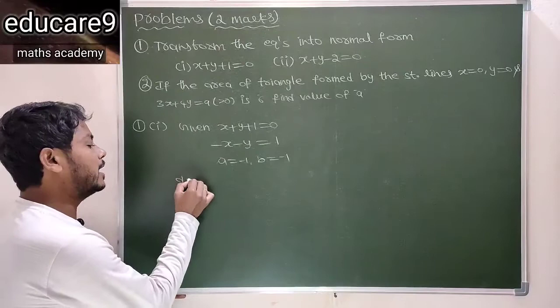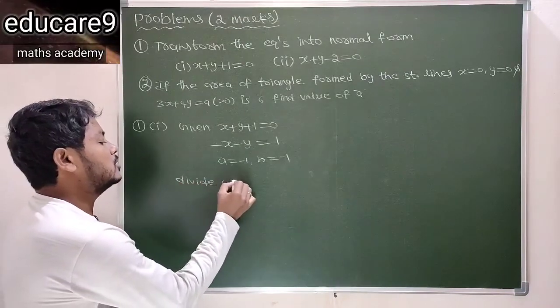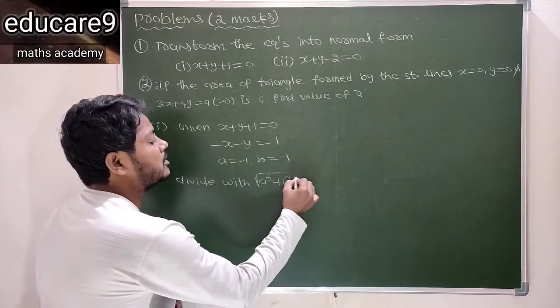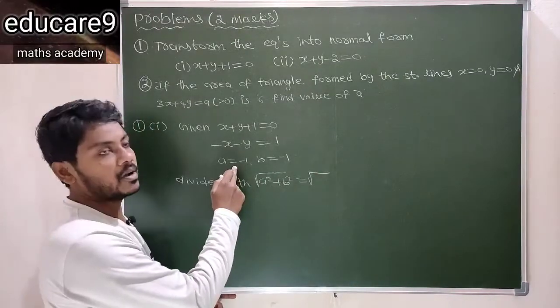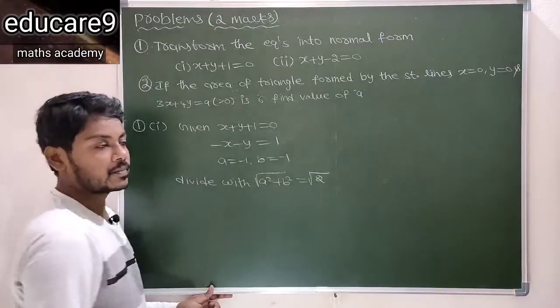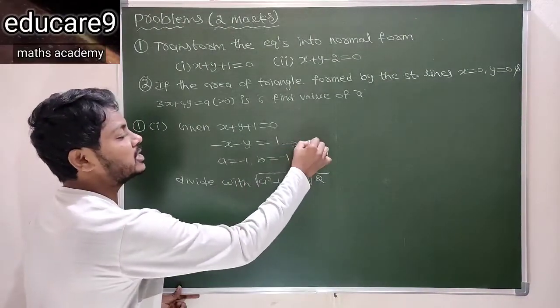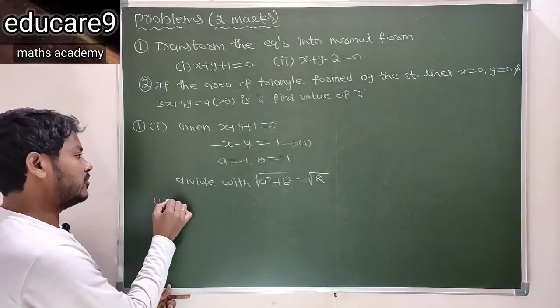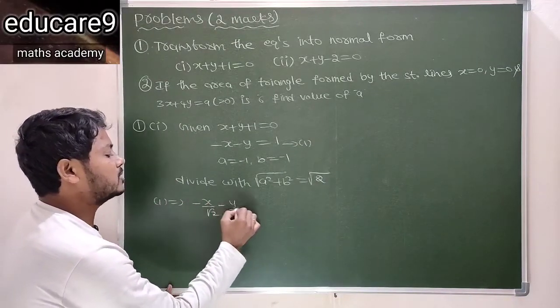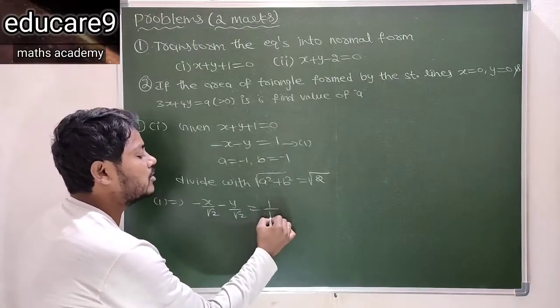So divide by the square root of a square plus b square, that is the square root of (minus 1) whole square plus (minus 1) whole square, that is root 2. Now, this is equation 1. So equation 1 implies minus x by root 2 minus y by root 2 is equal to 1 by root 2.